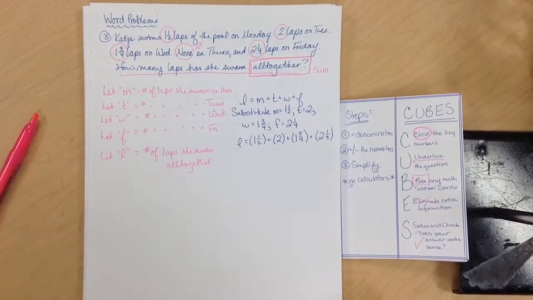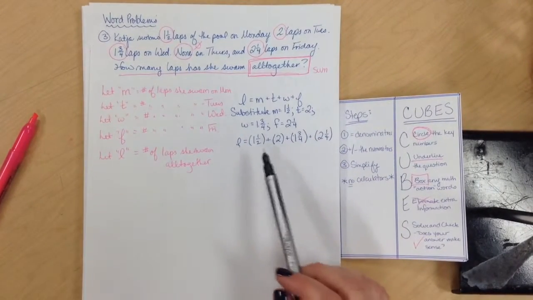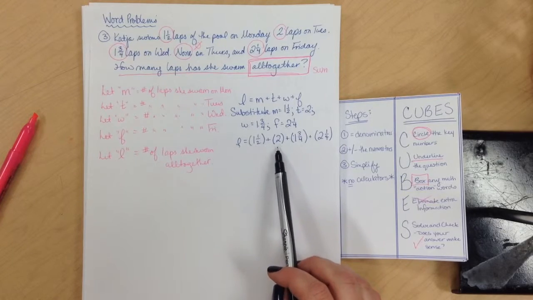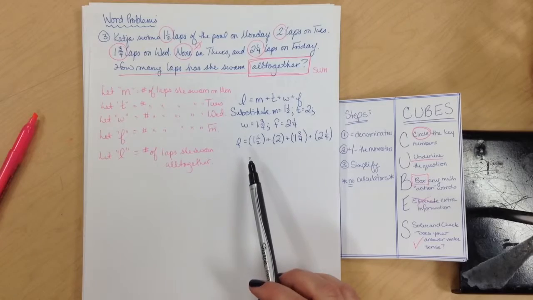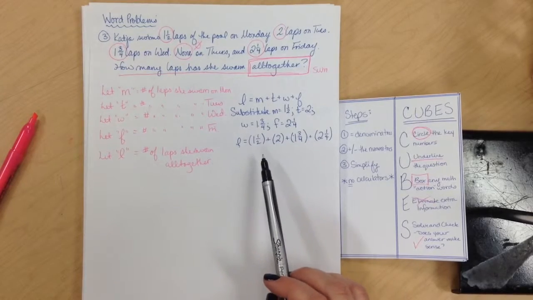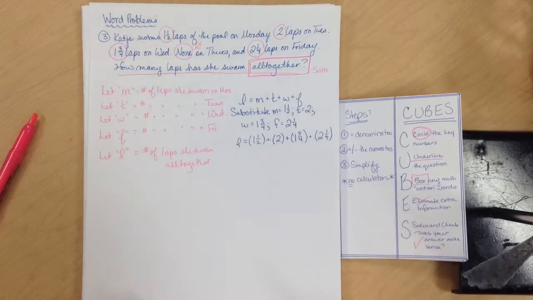Just like my first problem, I have mixed numbers here and I have whole numbers. I have to change these into improper fractions, or a regular fraction represented by a numerator over a denominator, before I can add.